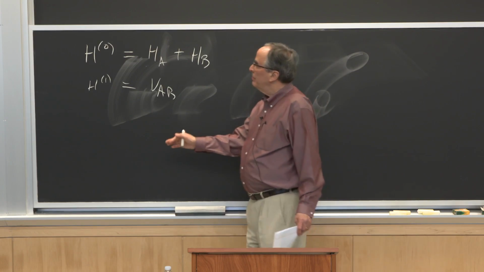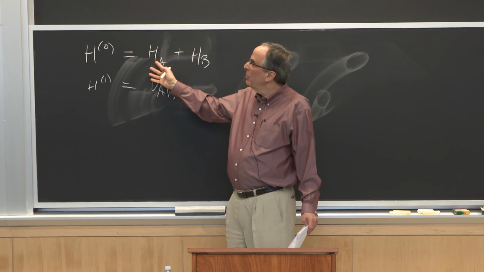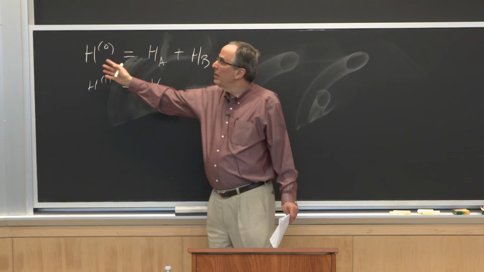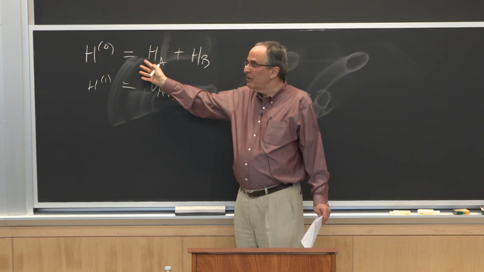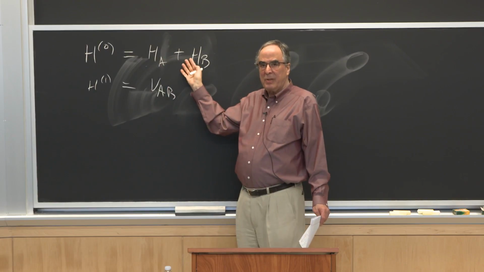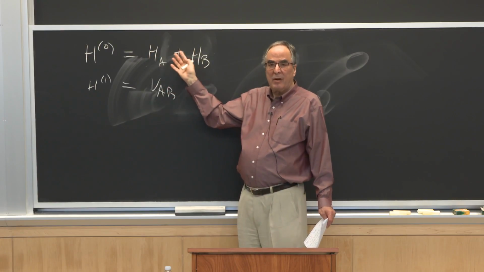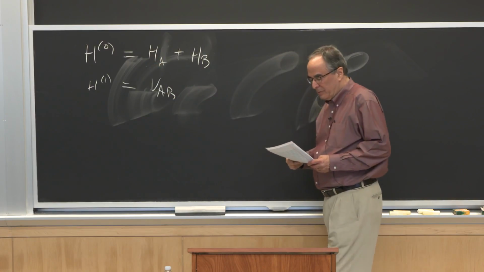Whenever we can separate a system, we know that the zero order wave functions are products of the eigenfunctions of HA and HB, and the zero order energy levels are the sum of the energy levels from HA and HB.